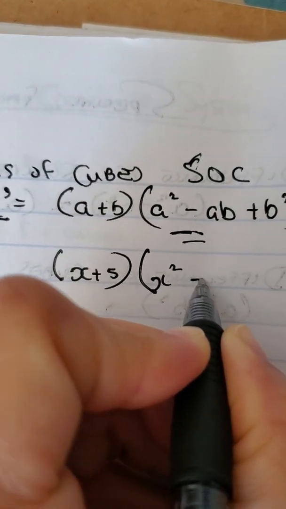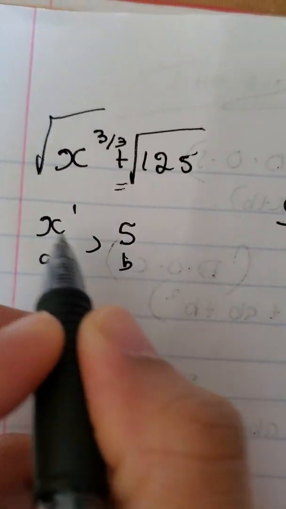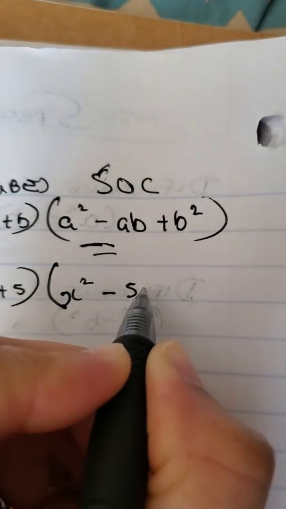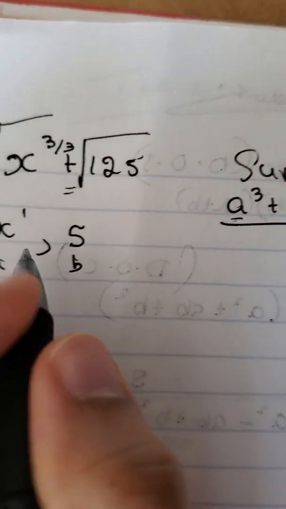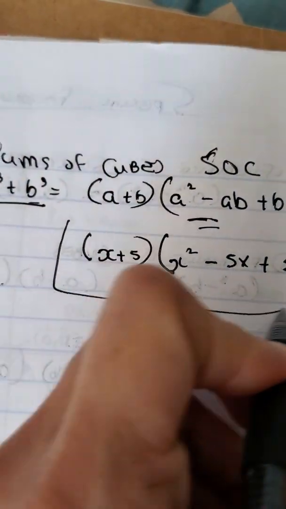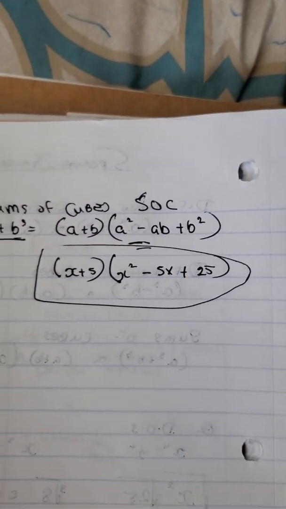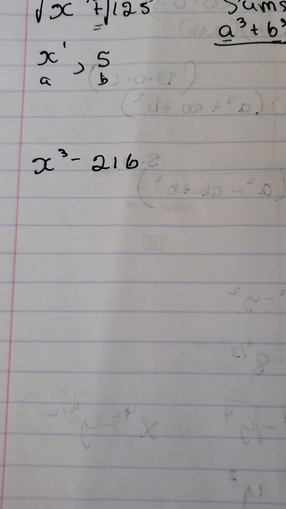My a is x, so that would be x squared minus ab, so that's 5x, since my b is 5, so minus 5x, right? Plus b squared. Now my b is 5, so 5 squared is 25. And that's my solution. Nice, beautiful. Once you commit the formula to memory, it's beautiful.